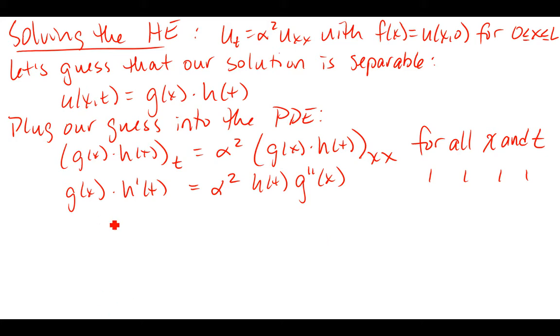How about that? So in an attempt to get ready to solve, I'm going to put the h's over here. I'll put the alpha down here too, just for fun. Now if I put the g's over here, I'd have that.